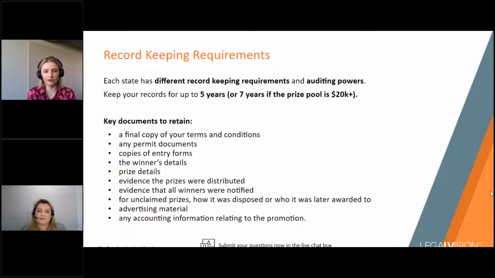As a matter of best practice, we recommend that you keep the following documents on file.